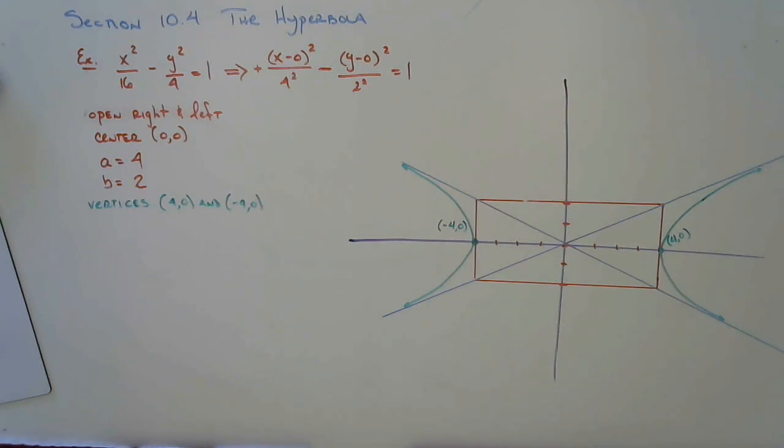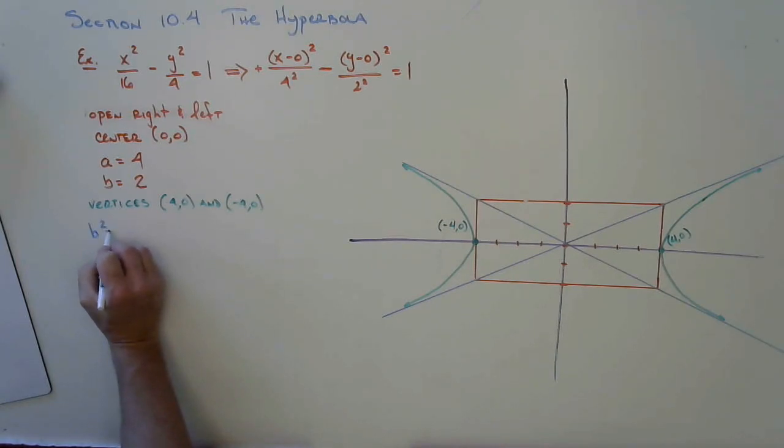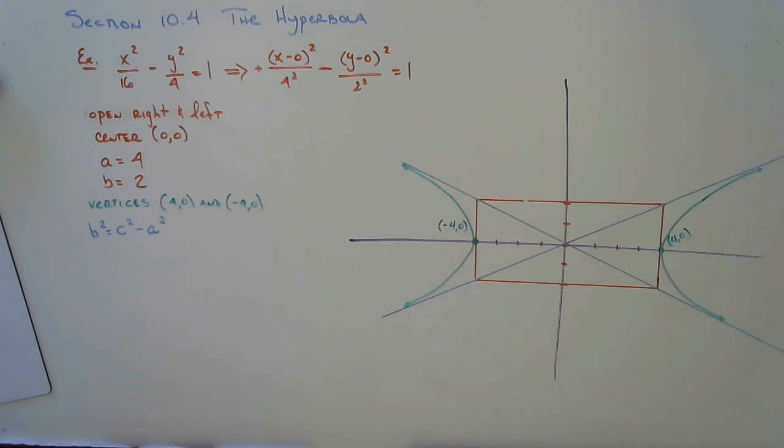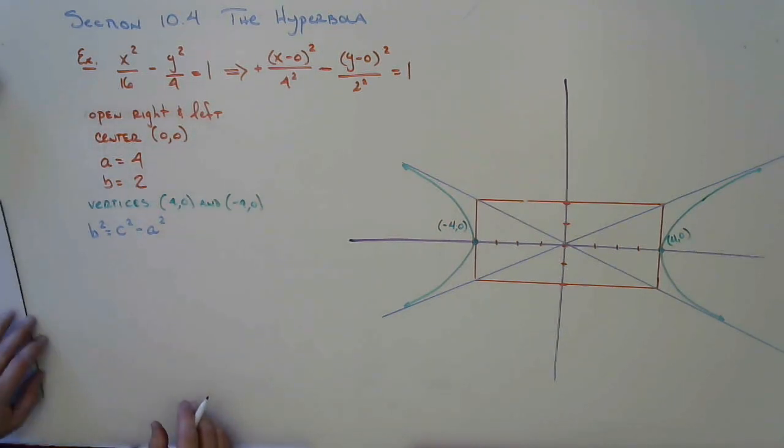The other 2 points we need are the foci. We have to find the foci. Now remember, to find the foci, we have to use the formula b squared equals c squared minus a squared. That's our formula for the foci. We have to remember that formula. It's not part of our equation up here.